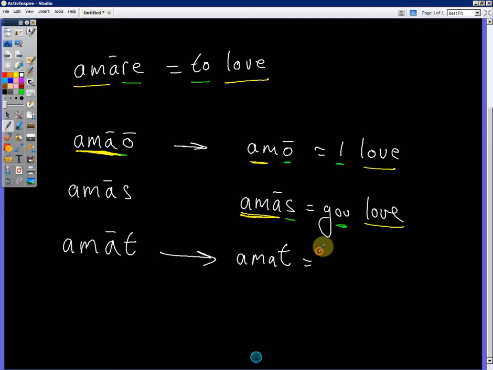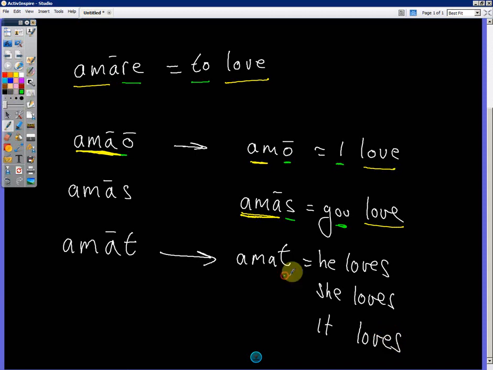Amat means he loves, or it can also mean she loves. It can also mean it loves. So the T on the end of the verb means either he, she, or it. The S on the end means you, that's you in the singular, just one person, and the O on the end means I. So we're beginning with our present tense here of amo.